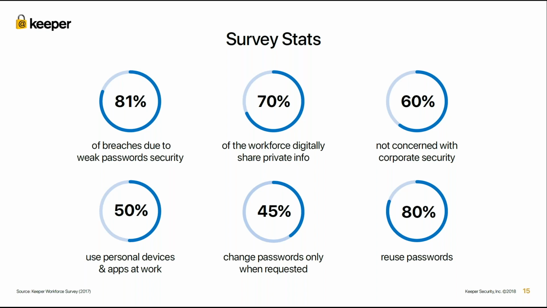So we take several surveys at Keeper, and this is a result of one of the workforce surveys that we did last year. And some of the stats are staggering. Of the populace, 81% of all breaches were due to weak password security, 81%. And this follows suit with the Verizon study that was done roughly a year ago.